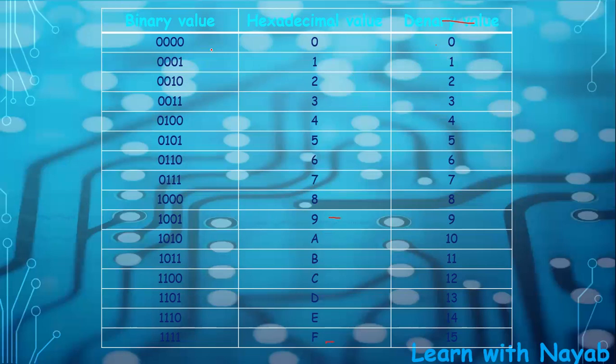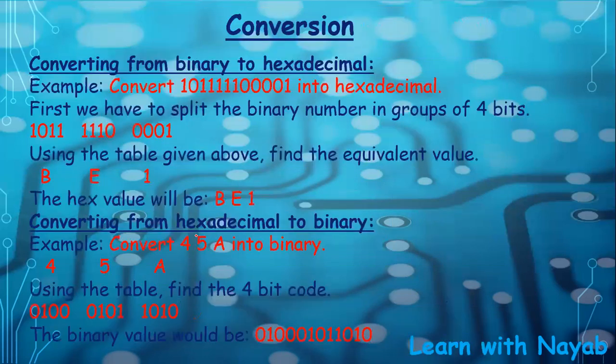Binary values are completely different and more complicated, because each value is a combination of 0s and 1s, like 0000, 0001. We usually use this table for converting binary to hexadecimal or hexadecimal to binary.